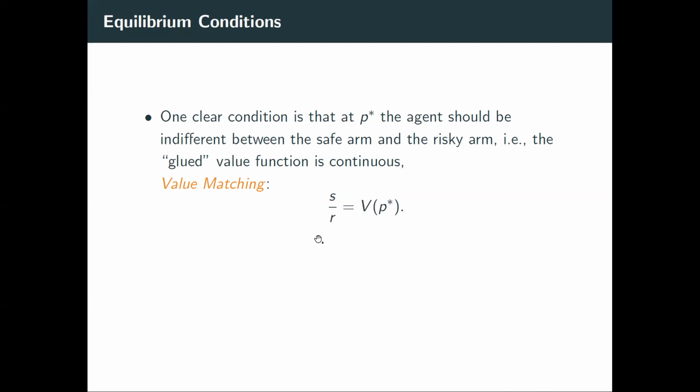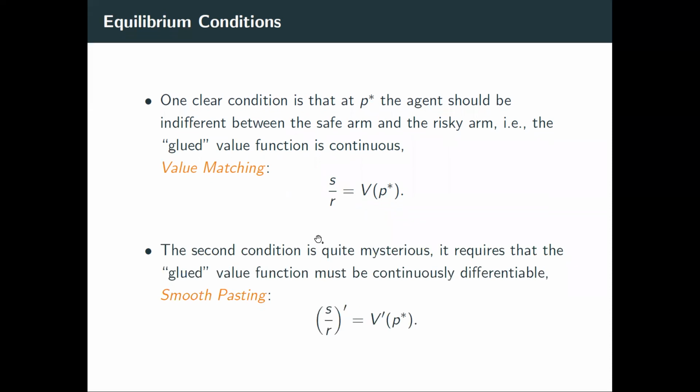And it turns out that the second condition is what is called smooth pasting. It turns out that the value function should be not just continuous, but continuously differentiable. That is, the derivatives at P star, when these parts of the value function collide, have to be equal to each other.